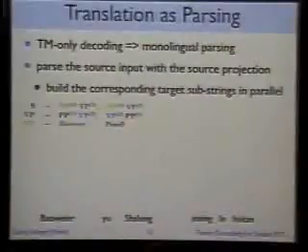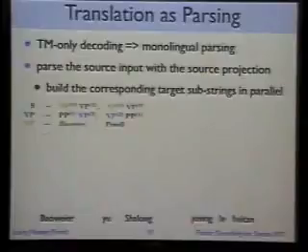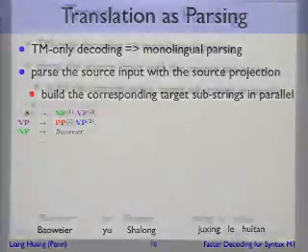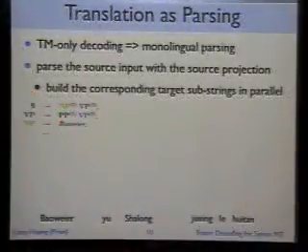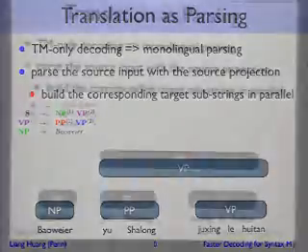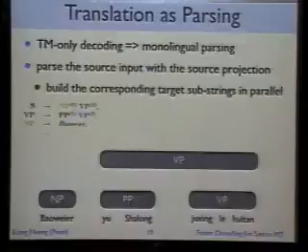You basically just parse the input sentence using the Chinese part of this grammar, right? Let's suppose there's only the Chinese projection, and this is actually a Chinese grammar. Use this grammar to parse this sentence, and you get this part is a PP, this part is VP, and you can combine this PP with VP to form a bigger VP, and then you can combine NP with VP to get an S. So this is just like monolingual parsing.